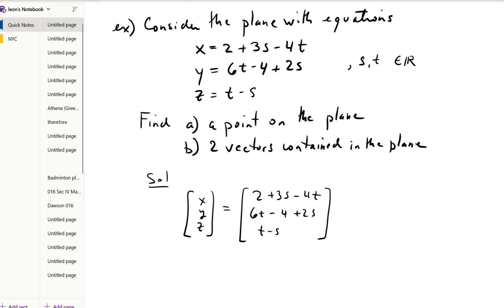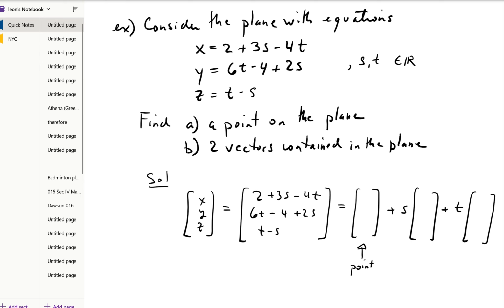But the way I want to write it down is as a constant part, so a point, plus a linear combination of two vectors, where s and t are the coefficients of that linear combination.